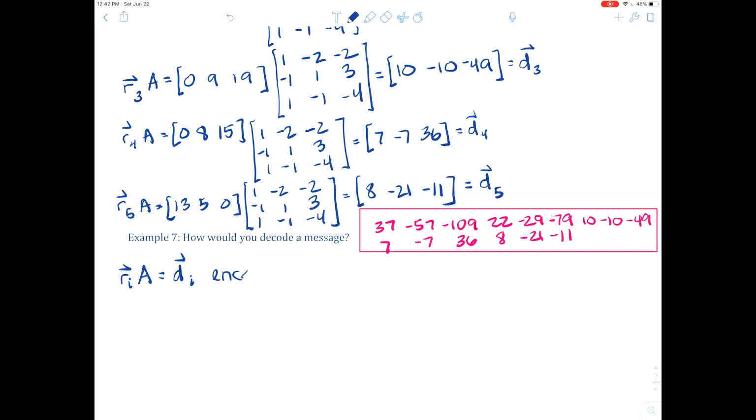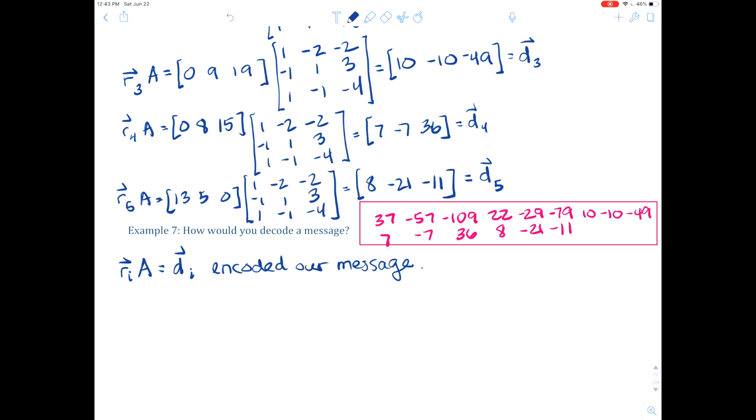That encoded our message. What about decoding the message? Well, wouldn't we want to isolate Ri? So let's check it out. We had this Ri times A equals Di.